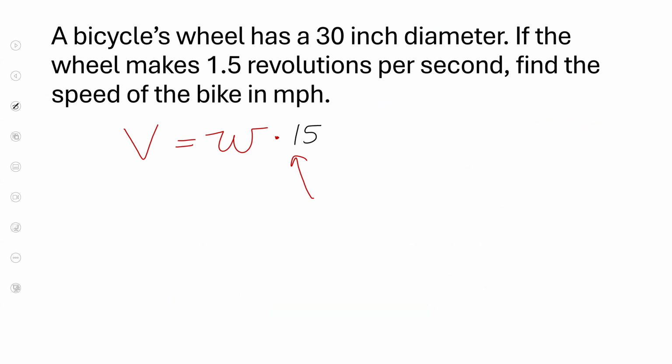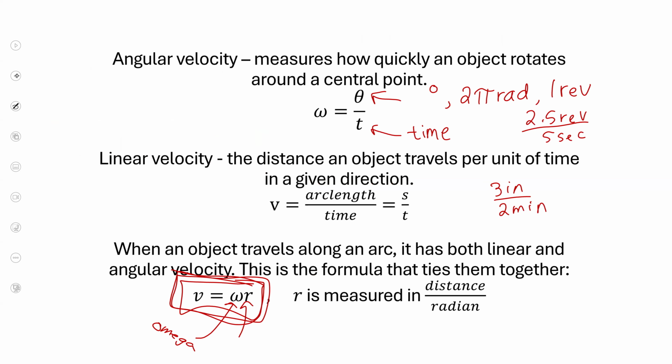So I'm going to put 15 inches into my formula. Okay, if the wheel makes 1.5 revolutions per second, so let me write that down. Remember, let's look at the notes. You need to put the angle over time. You can either use revolutions, which is what our problem did, radians, or degrees.